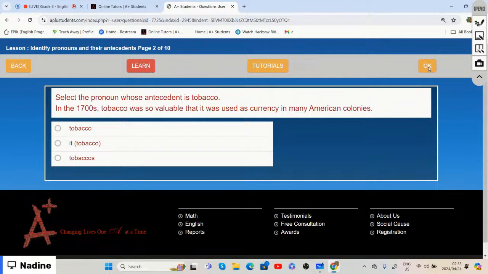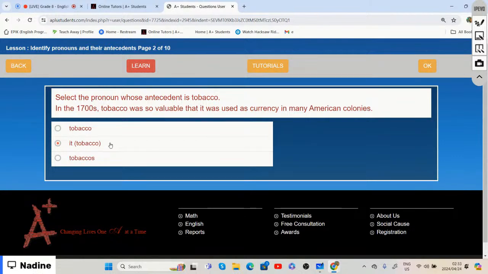All right, so if we were to replace tobacco with its correct pronoun, the correct pronoun of tobacco would be it, right? Because remember, we said that the pronoun takes the place of the noun, and that is what we're actually trying to do here in the test, basically finding the correct pronoun of that specific word.